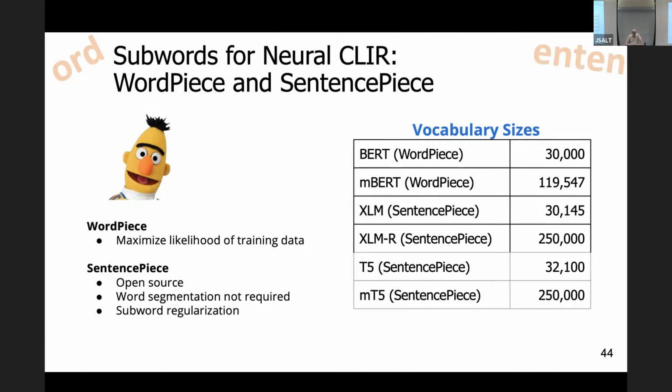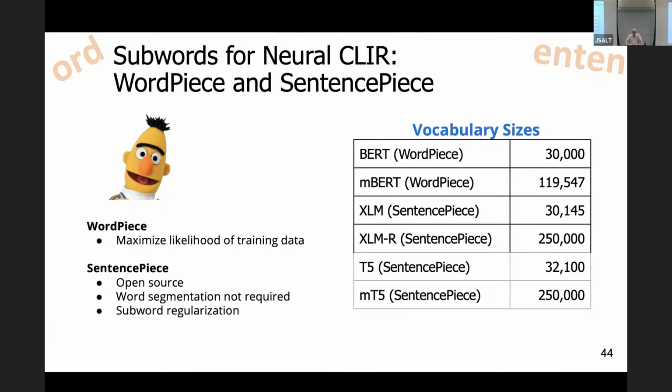So the question is, what are the differences between WordPiece and SentencePiece?